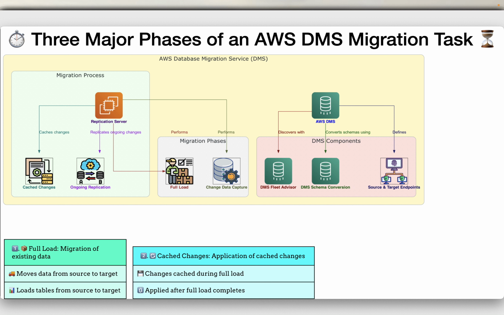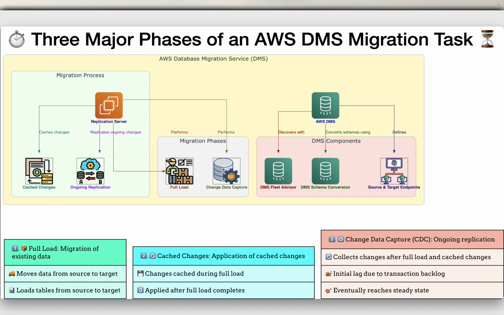While the full load is in progress, any changes made to the tables being loaded are cached on the replication server. Once the full load for a table is complete, AWS DMS begins applying these cached changes. So let's say the load of your source tables takes 1 hour; still, changes are being applied to the source. It will cache those transactions and apply them to the target tables later.